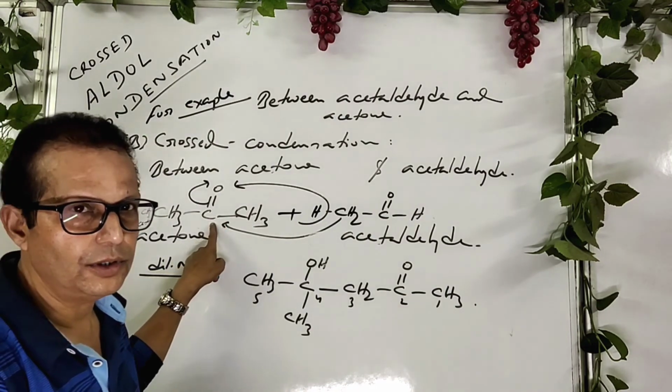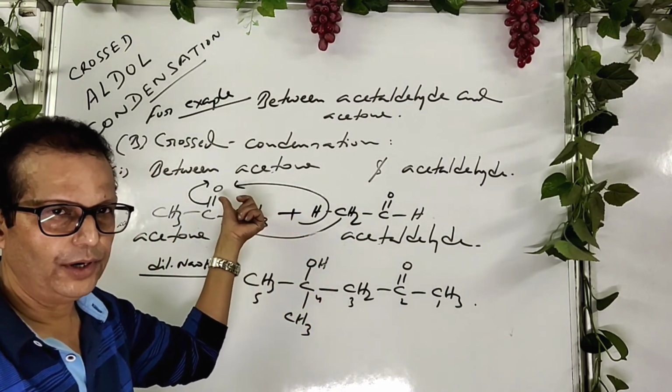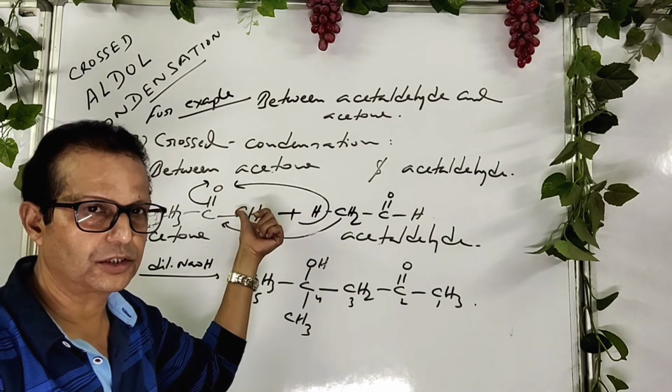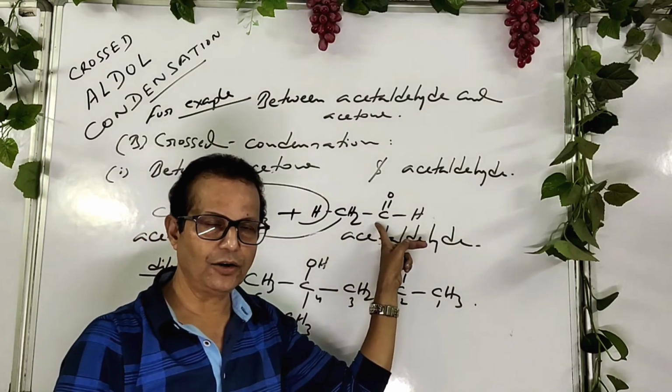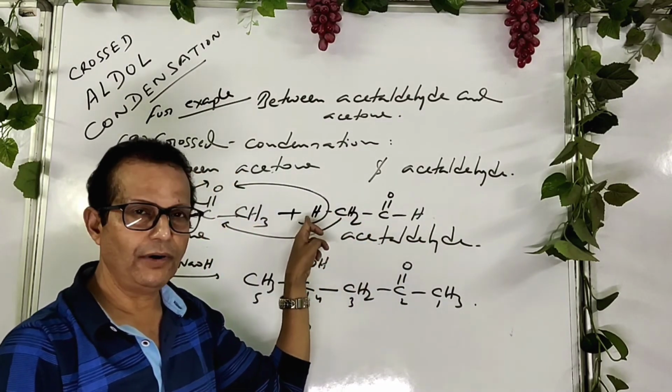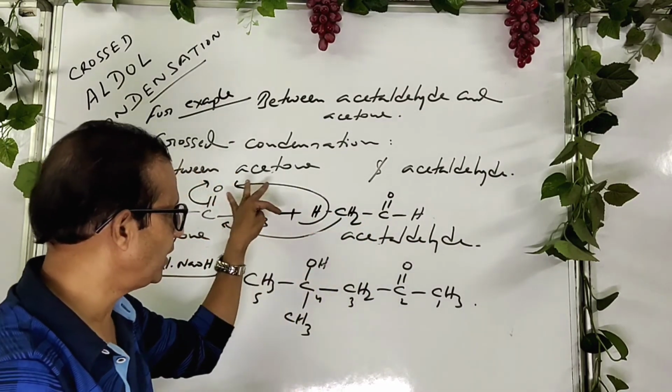This is acetone, this is acetaldehyde. Whenever you draw the first compound, draw the normal structure. For second compound, write one alpha hydrogen atom separately. That's the technique.